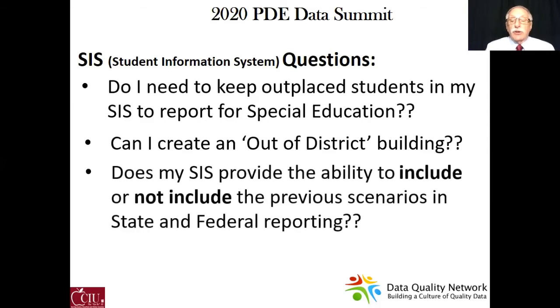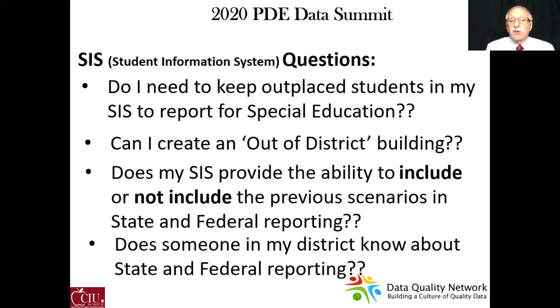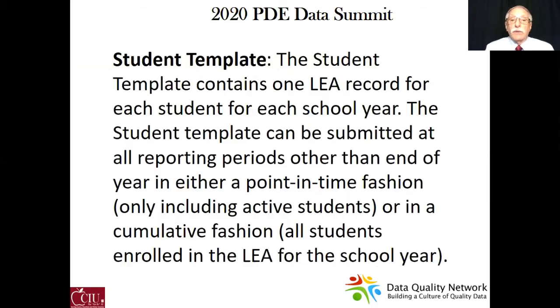And there are situations where you would report and you would not report children for state and federal reporting, so I would think my SIS would have the ability to do that. And does someone in my district know about state and federal reporting on who should and who should not be reported?